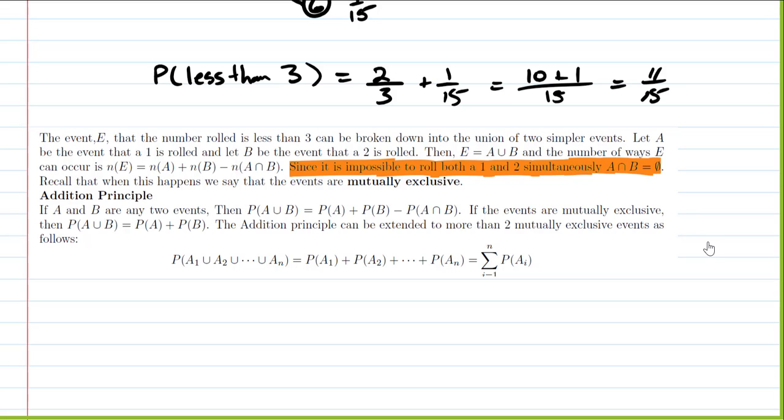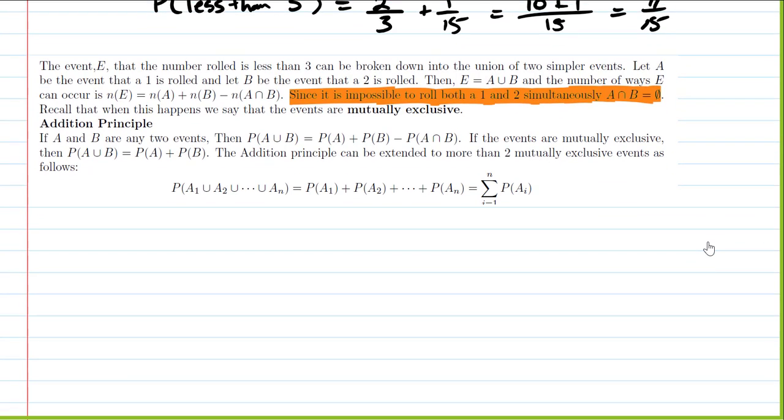And recall that when this happens, we say that the events are mutually exclusive. And then we get the following. If A and B are two events, we have that formula. And if the events are mutually exclusive, then the probability of A union B is the same as the probability of A plus the probability of B.